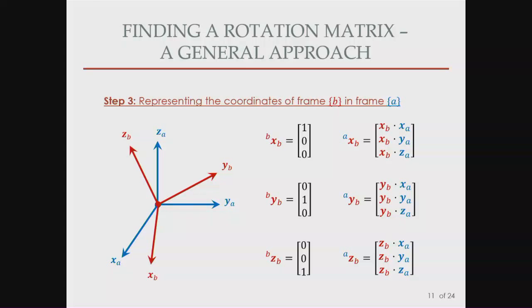Now what is the next step? The next step was to write the vector V in frame A as a superposition of how much to go in the X_B direction, Y_B direction, Z_B direction, and substitute the representations of X_B, Y_B, Z_B in their A coordinate system.